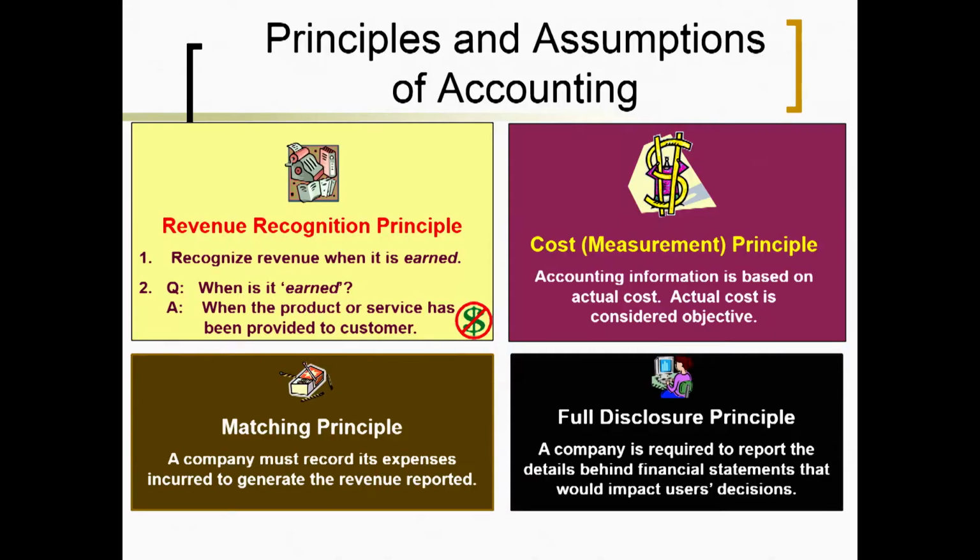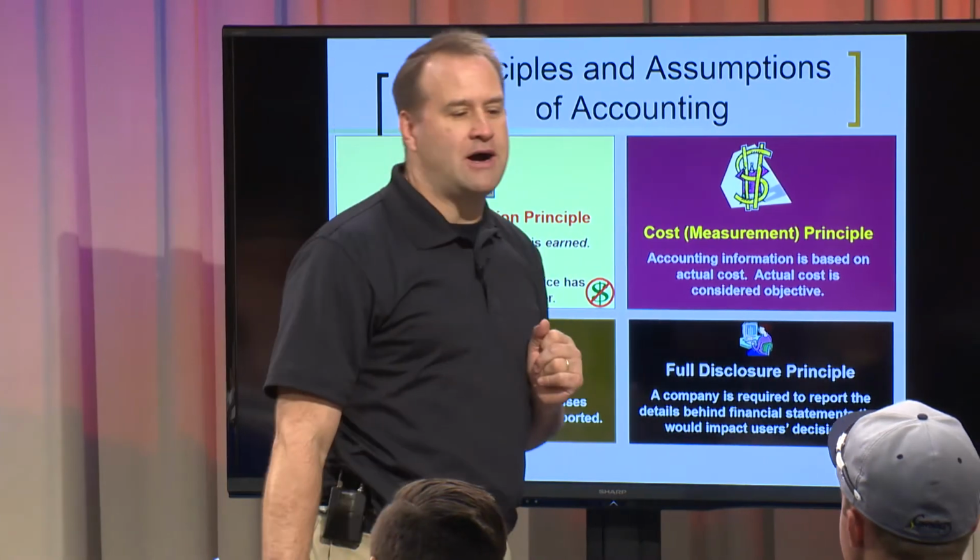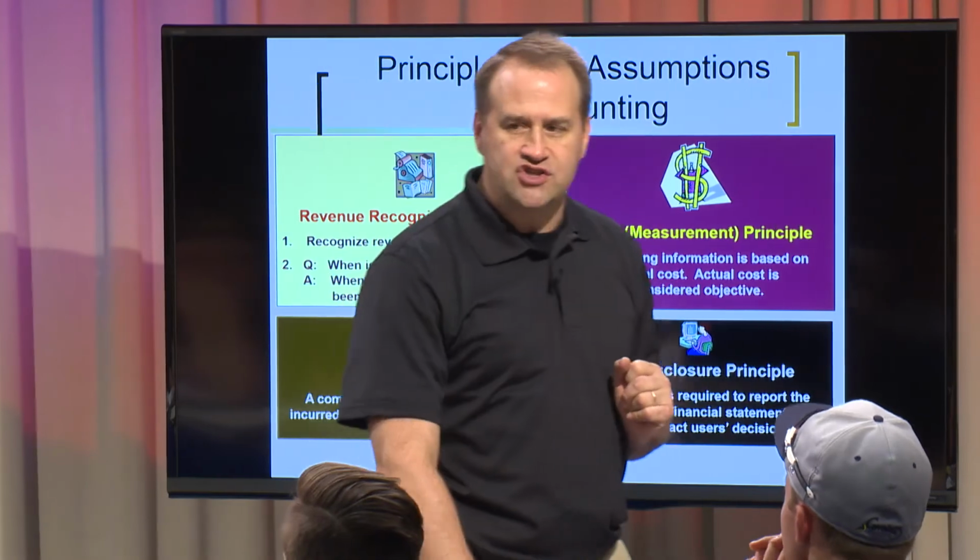Let's talk about these other principles. The cost principle. This says that accounting information is based on actual cost because that's considered objective. So, Tanner, let's say you go buy for your company a used truck, and let's say you pay $12,000 and you write a check for it, okay?